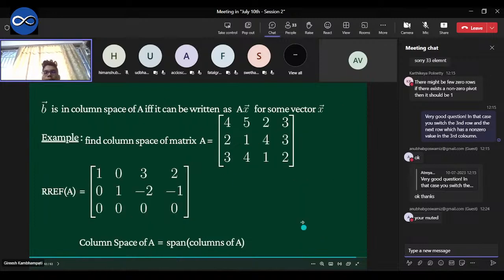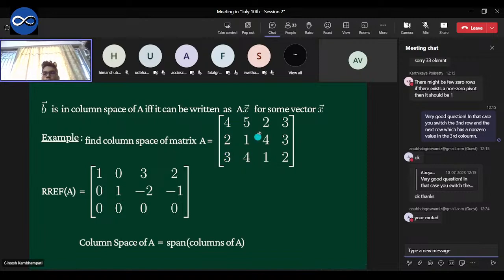Suppose this question is changed this way, and they give (4, 2, 3), (5, 1, 4), (2, 4, 1), (3, 3, 2). They gave 4 vectors, and now they ask to check whether these are linearly dependent or linearly independent. What we can do is construct a matrix with the given vectors as the columns, and find the RREF of that matrix.